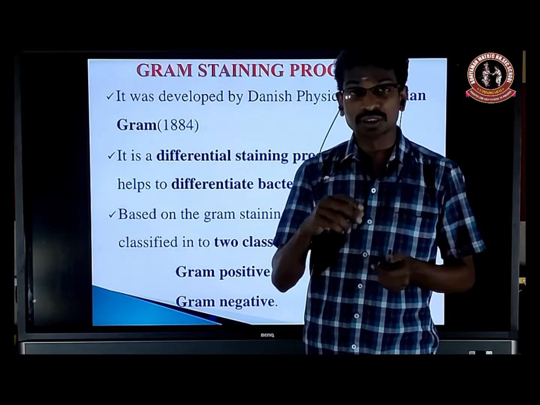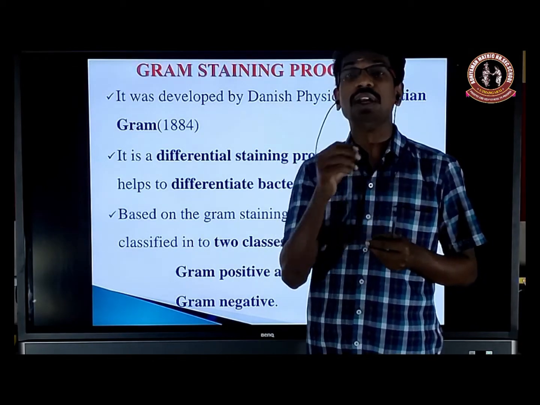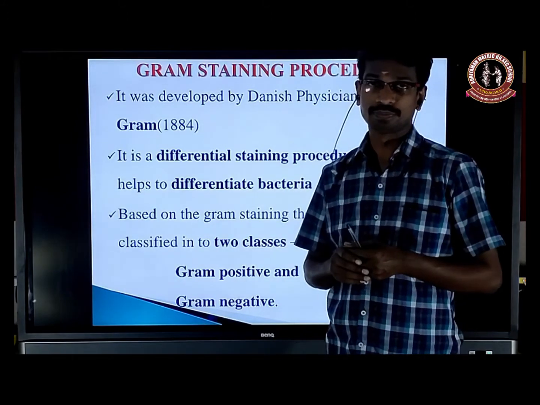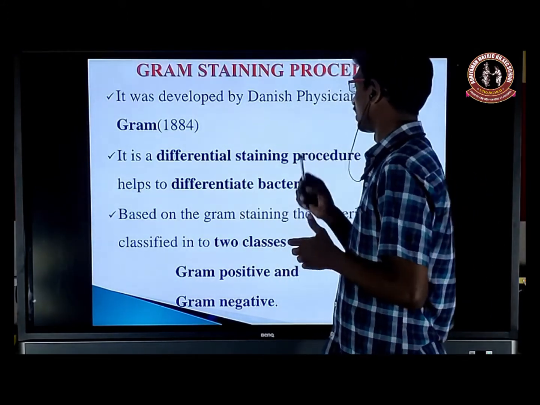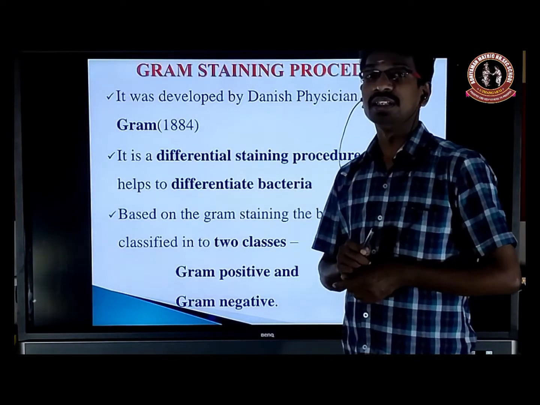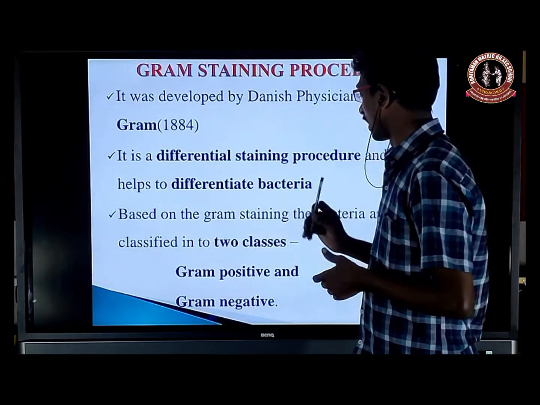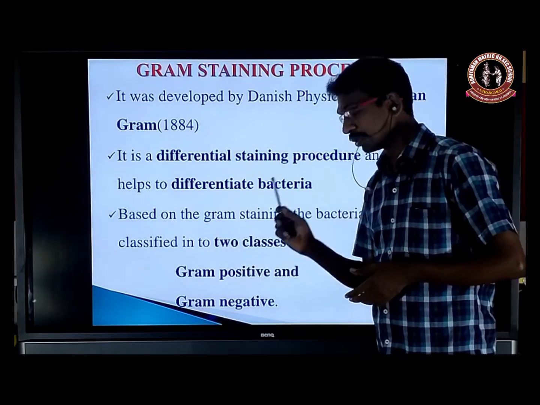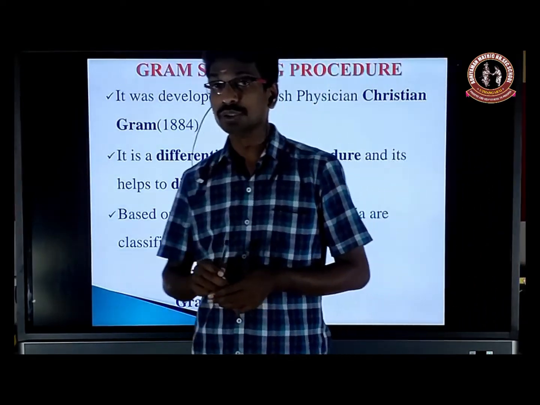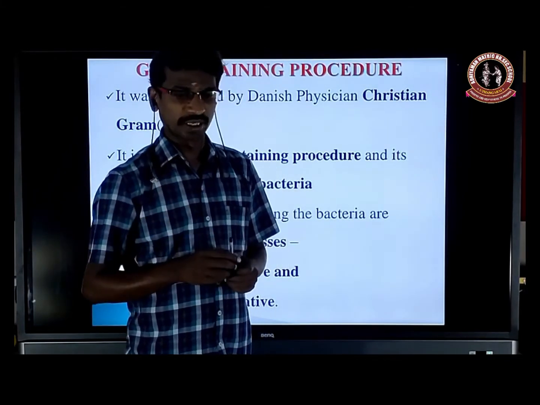With the help of these two different stains, we can differentiate gram positive and gram negative bacteria. Based on the gram staining, bacteria are grouped into two categories, gram positive and gram negative. So what is the gram positive bacteria?